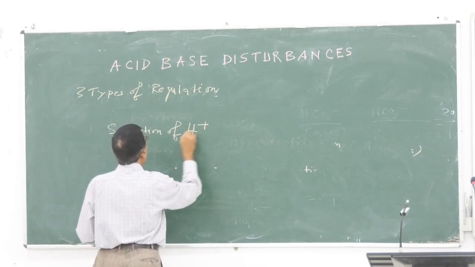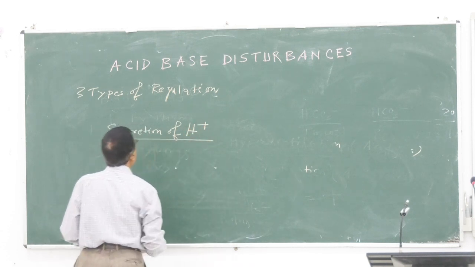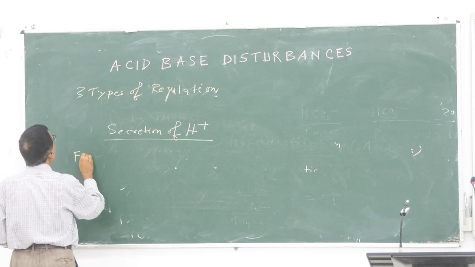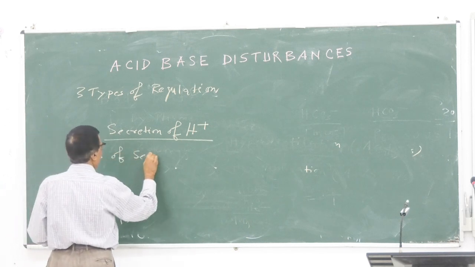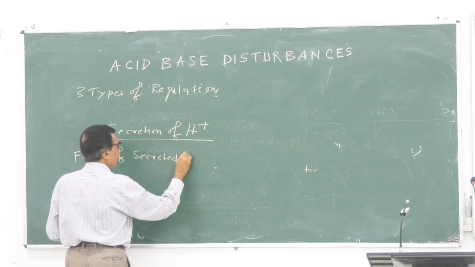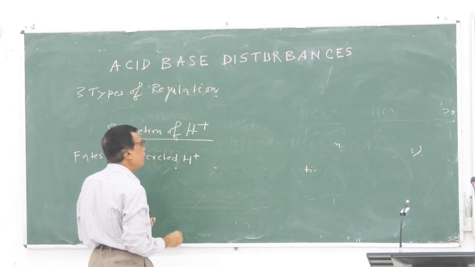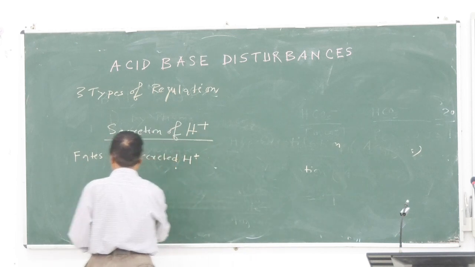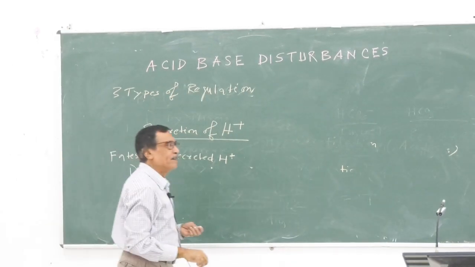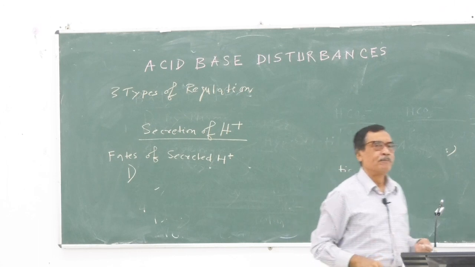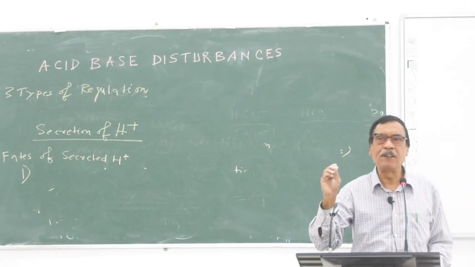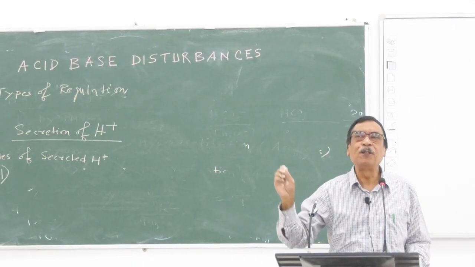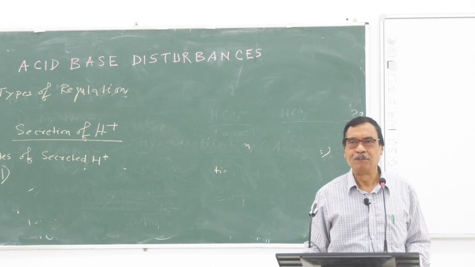What are the fates of the secreted hydrogen ion? There are three principal fates of the secreted hydrogen ion. Number one: for each molecule of hydrogen ion secretion, one molecule of bicarbonate is reabsorbed.